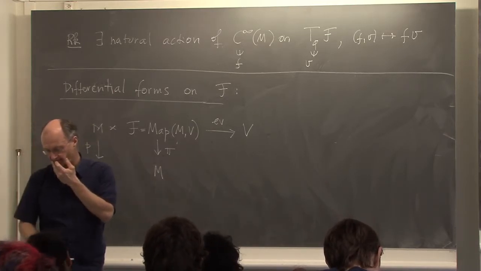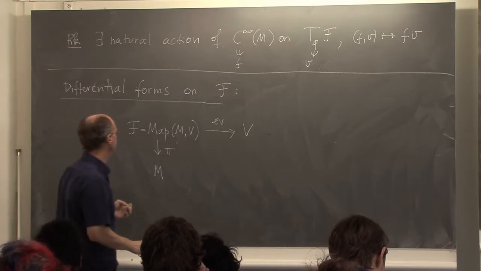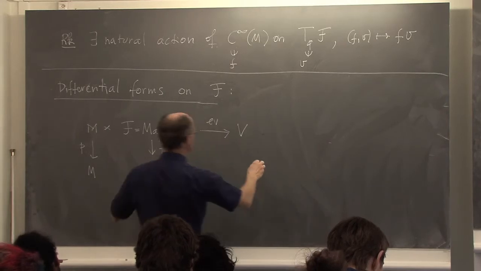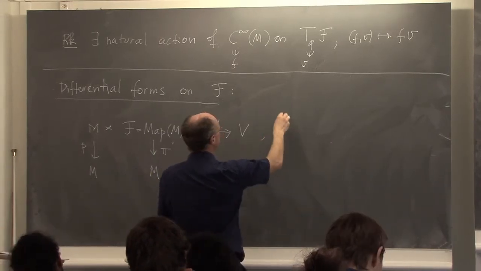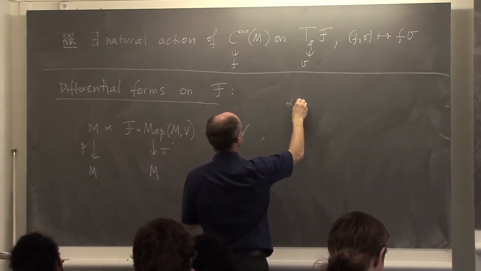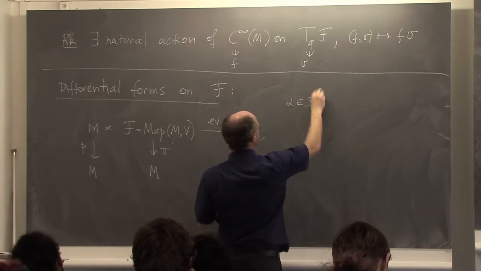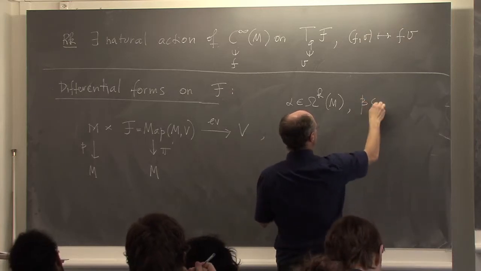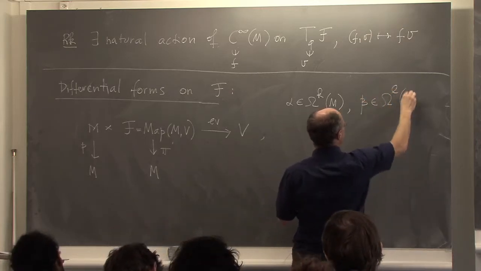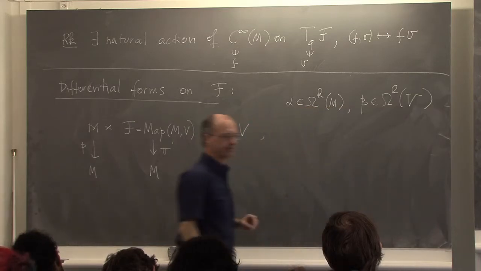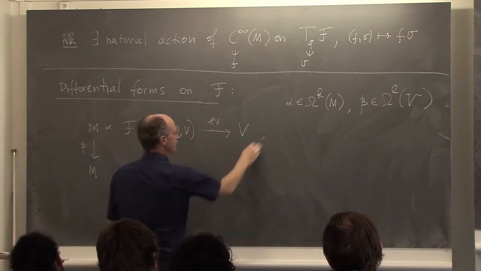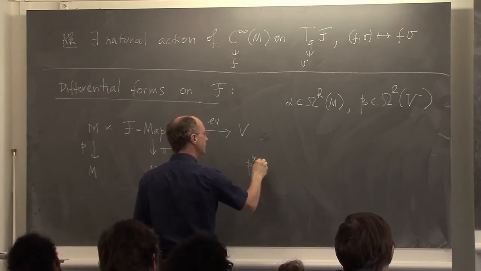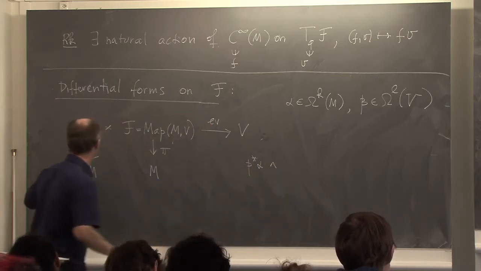So first of all, let's do the following construction. Let's choose a form, say a K form on M, and let's choose an L form on V. And let's consider the pullback of alpha.